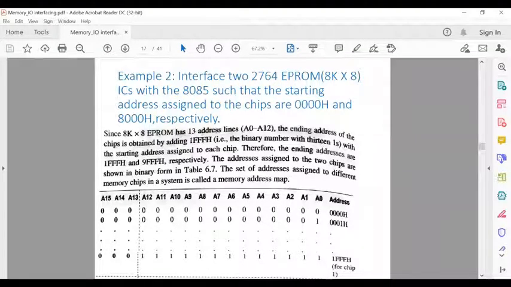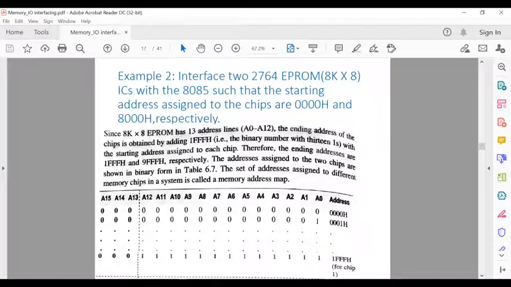In this way you can find the last or ending address of a particular memory IC, EPROM IC. So make it 0001, this is 1, then 1111, this is F, then 1111, another F, then 1111, another F. So the last address of EPROM 1 will be 1FFF if the starting address is given as 0000.